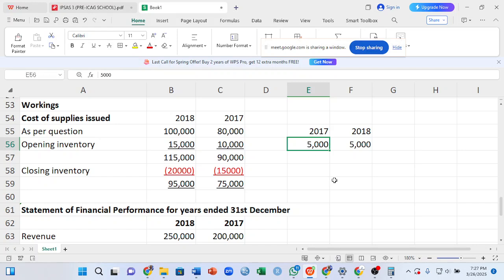Do you understand what I'm doing, or should I do it separately? Inventory in effect is a current asset. So when the opening is less than the closing, negative is what I don't get you. If you can elaborate more on that.